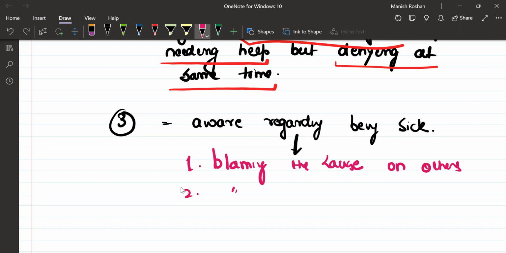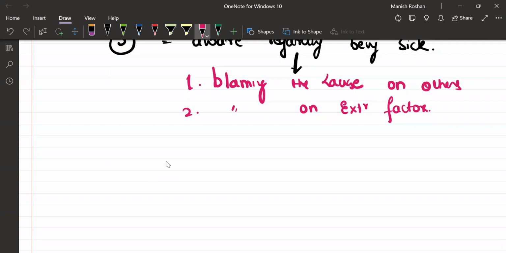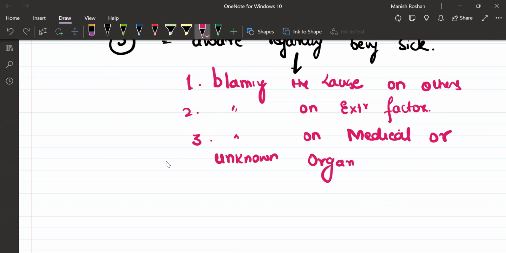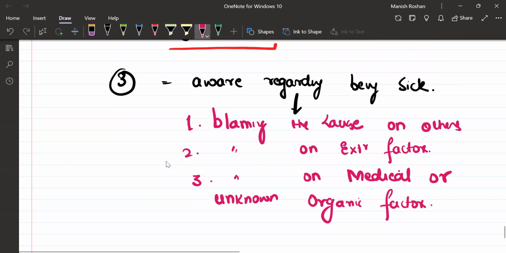Number two, blaming external factors. Number three, blaming medical or unknown organic factors.